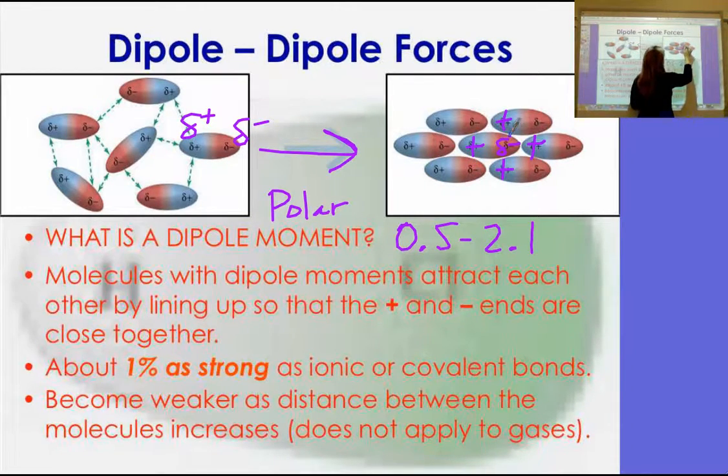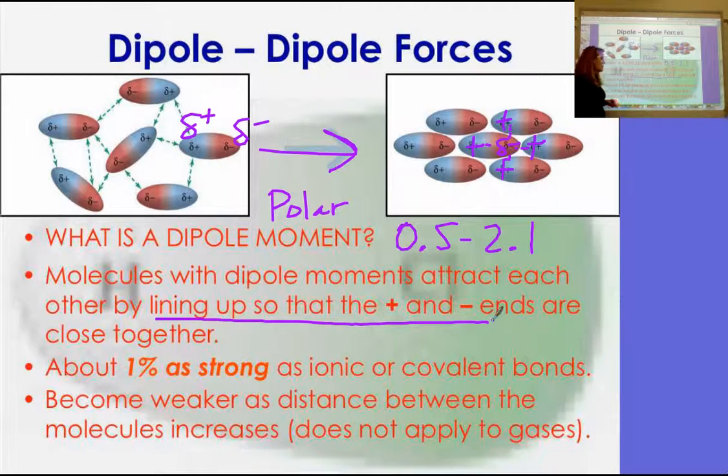That little attraction between the positive and the negative adds extra forces that help hold that molecule together. So the dipole-dipole forces attract each other, they line up so that all the positive and negative ends are close together. Again, this is pretty weak.